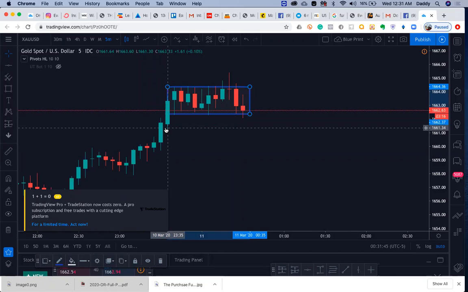I'm taking a sell stop at 1661.34, and then I'm going to take a profit at 1660.34.